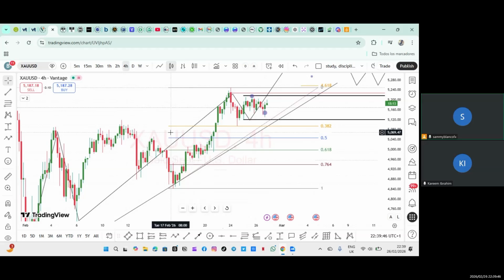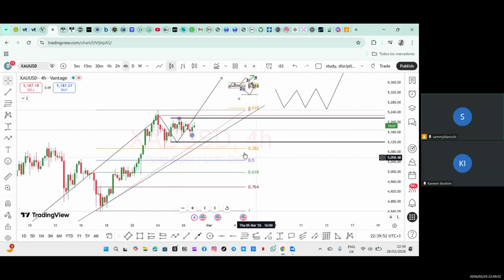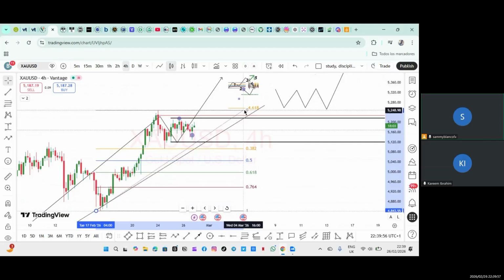So once you know how to count, you should know whenever you draw your Fibonacci. That is why this Fibonacci is very important. When you draw your Fibonacci, you are waiting for 50% or 61%, and then you see that the market did not come there. The market just continues going up.